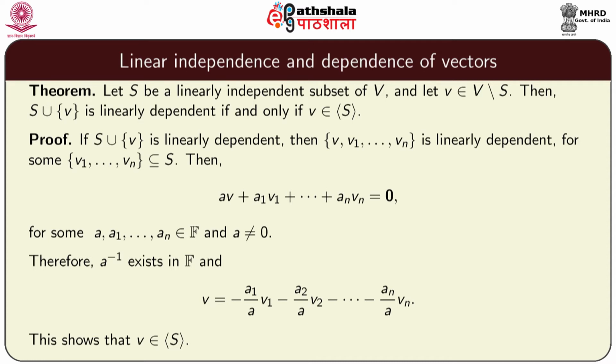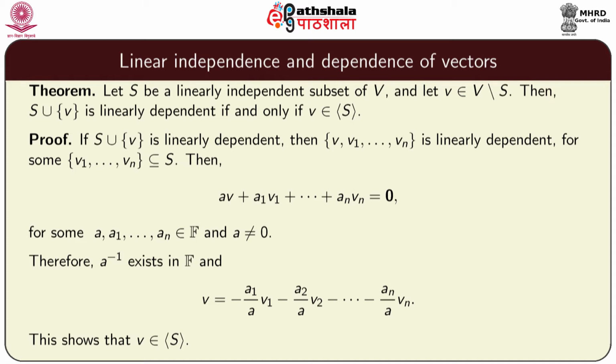Why is that so? Because if a is 0, then we would have a1 v1 etc. up to an vn is equal to 0, but v1, v2, ..., vn is a subset of S and S is linearly independent.